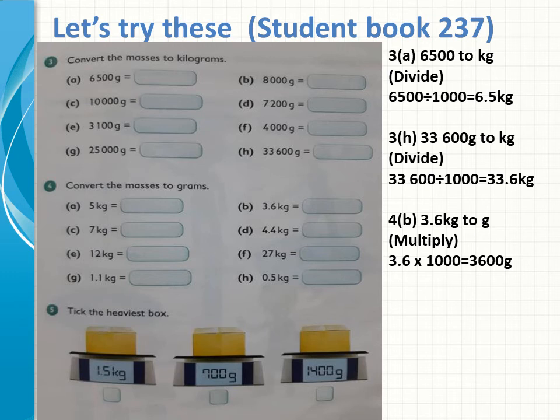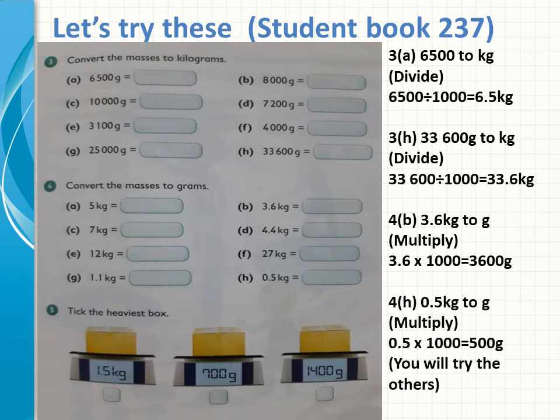And the next one I want to try is H. 0.5 kg. Now, of course, we will multiply, and we multiply 0.5 by 1,000, we have 500 grams. So you will try the others, okay?